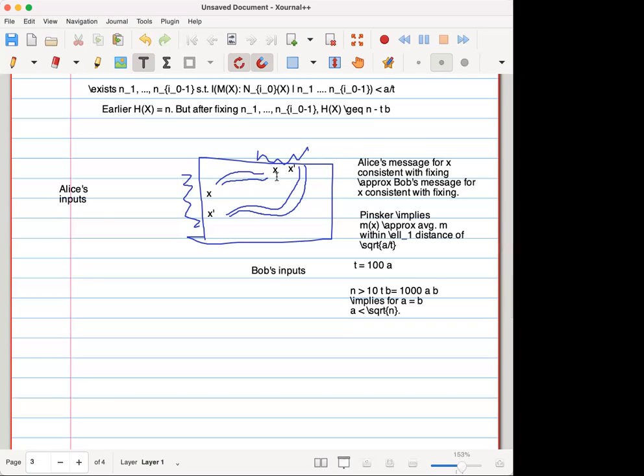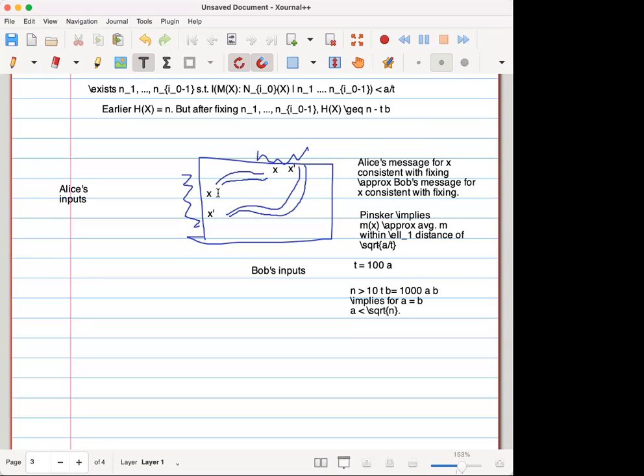Then I ask, what would the referee output if one feeds X to Alice and X prime to Bob? That gives a contradiction, because Bob's message for X prime is almost the same as Bob's message for X. But when the referee gets Bob's message for X and Alice's message for X, he will output equal. But how can he do so, because X is not equal to X prime?